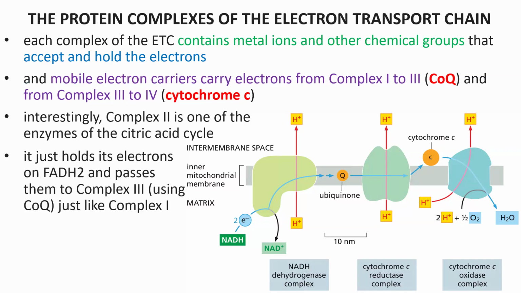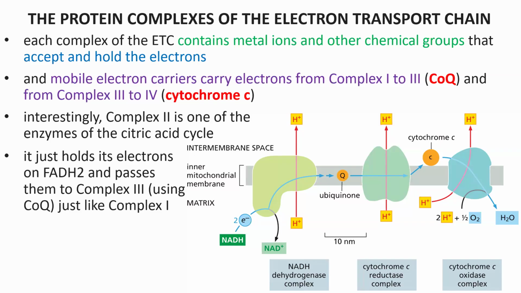Cytochrome C is going to give up its electrons to complex 4. Complex 4 becomes reduced, cytochrome C becomes oxidized, there are some internal redox reactions within complex 4, and then complex 4 adds those electrons onto oxygen, creating water when the electrons are depleted. A lot of protons were pumped, a lot of energy was released, and electrons were passed all along the way.